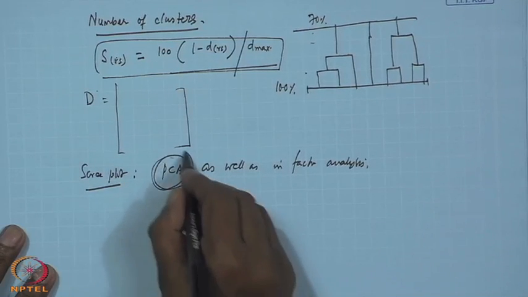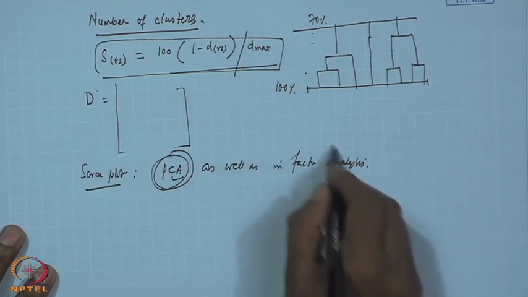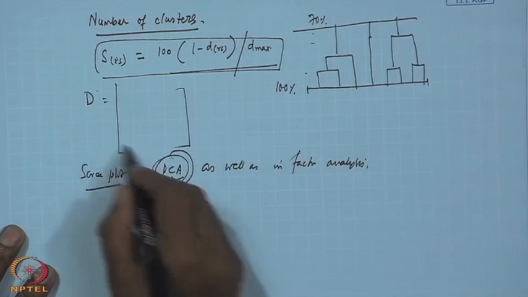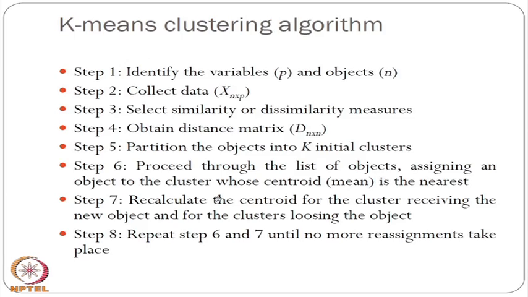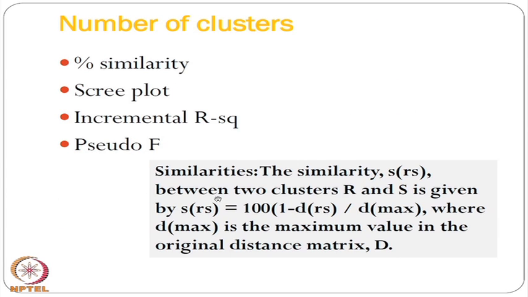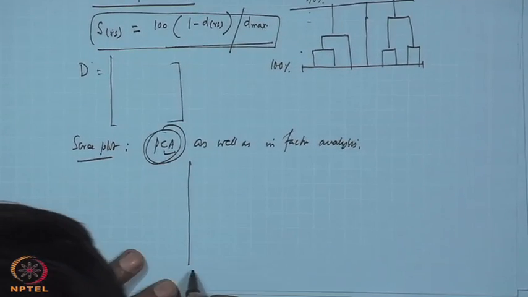In PCA we try to find out the number of components, in factor analysis the number of factors, in cluster analysis the number of clusters. Then how do you do it? You find out the scree plot like this.